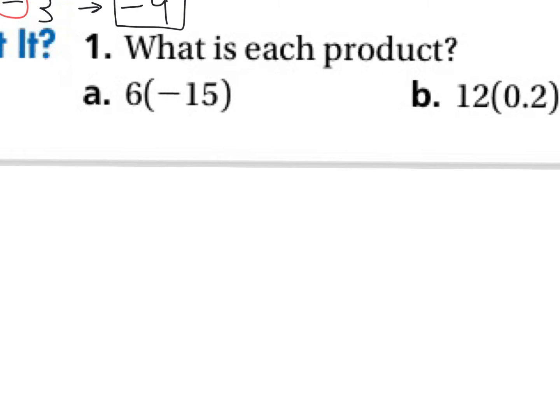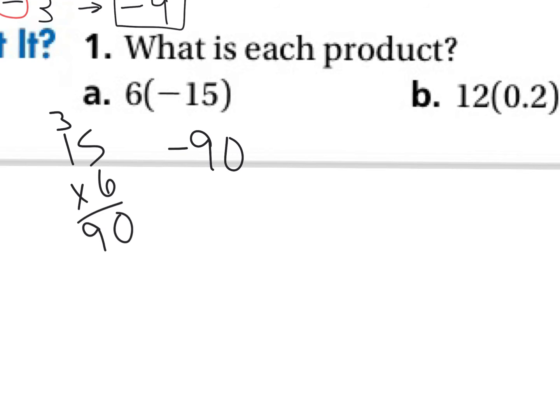So for part A, 6 times -15, we can multiply, act like the negative's not there for a minute. And we get 90, but then we've got a positive times a negative is negative. So -90 would be our answer for that one.